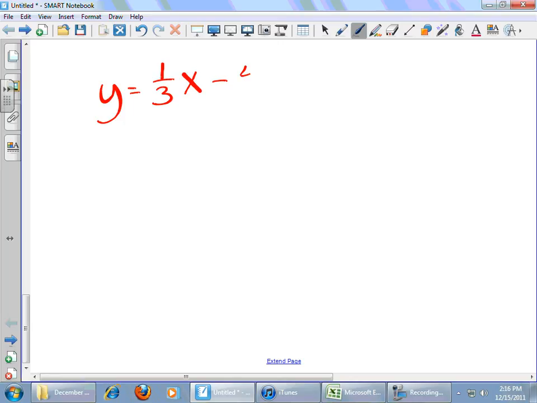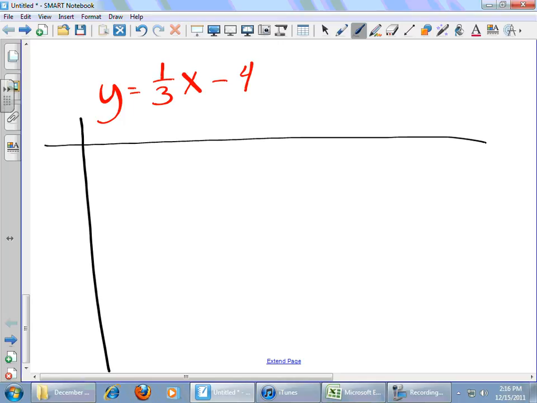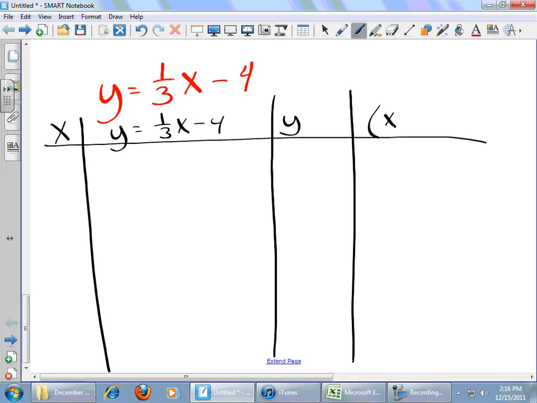Okay. Going to make our table just like we did before. Got x, got y equal to 1/3 x minus 4, y, and then I need my point x, y. All right, I love picking 0 for x. I'm going to do it again.